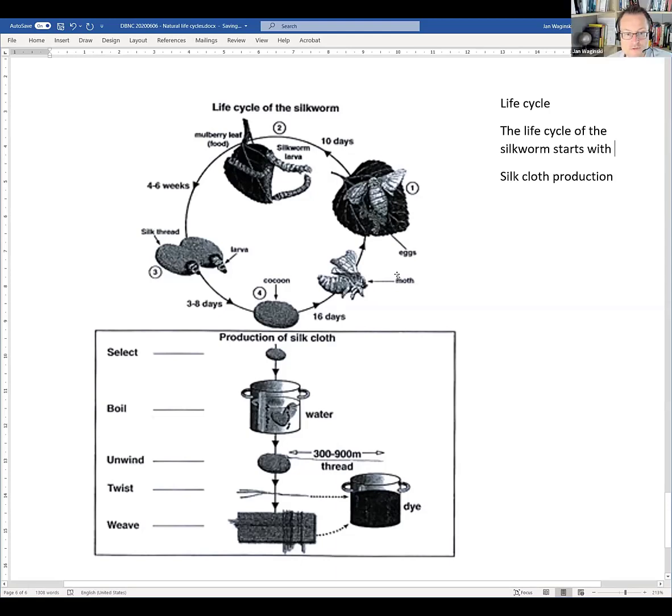What do silkworms turn into? It's not clear. The word is not clear. Moth. M-O-T-H. It's like a caterpillar. It's kind of like a butterfly, but not a butterfly.